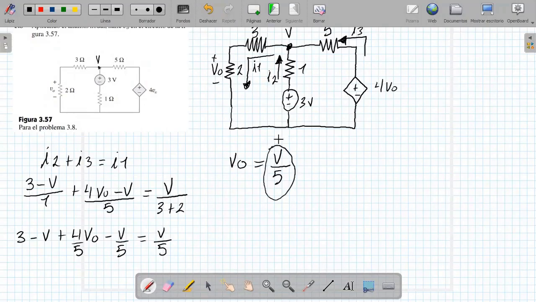Here the current that is going to circulate, in this case, would be I1, and if I multiply the current by the resistance of 2 ohms, it will give me the voltage V sub 0. So I already know how much V sub 0 is worth, and I'm going to replace it here.